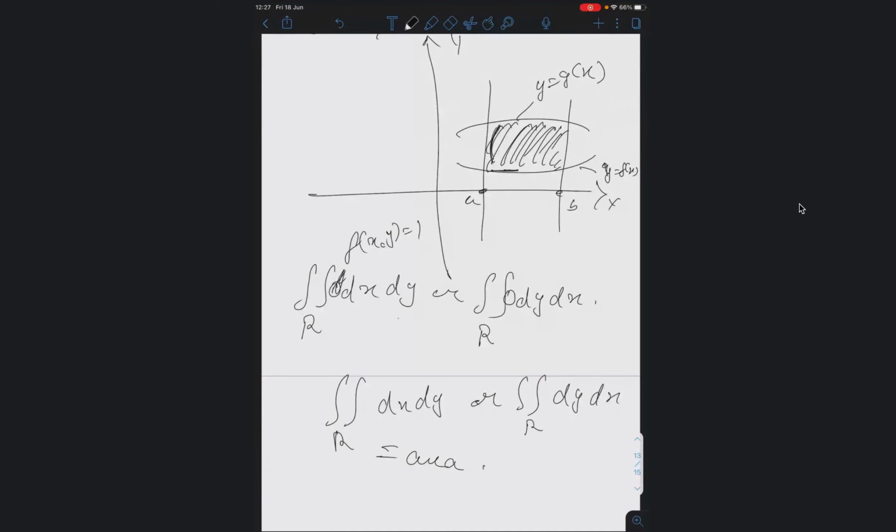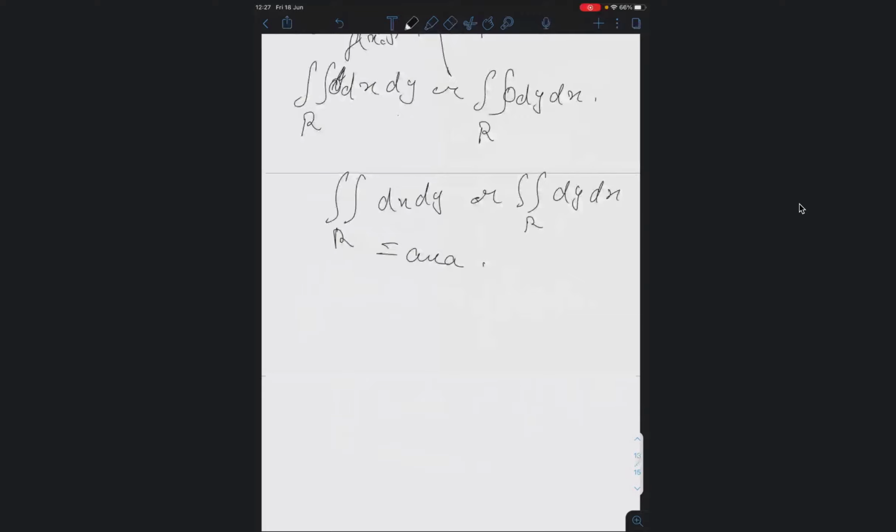So the result you have obtained by solving such problems is nothing but the area enclosed by these curves within the ordinates x is equal to a and b. Okay, and the same in polar coordinates. In polar coordinates, area will be given by the double integral over the region R. You have dx dy; in polar coordinates, it will be r dr d theta. Is it or not?